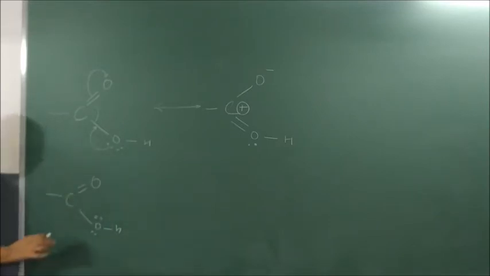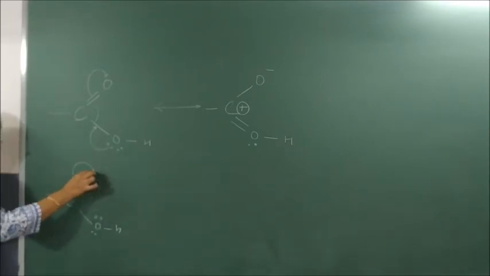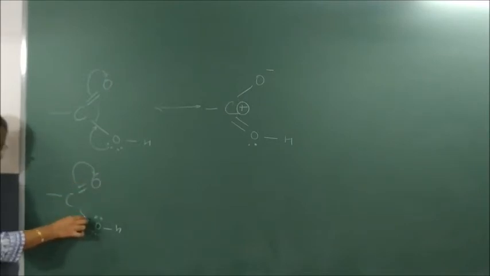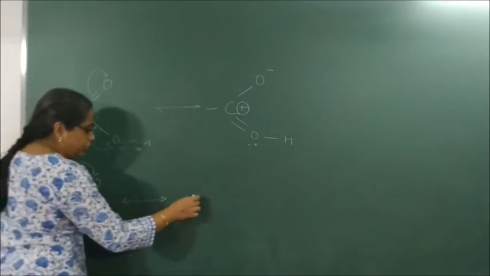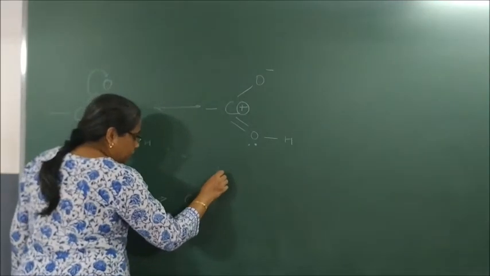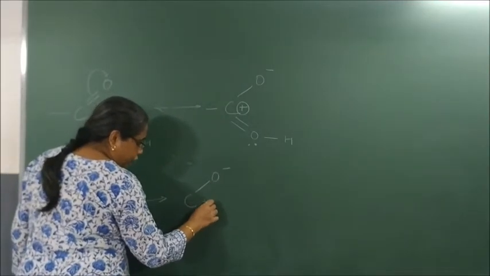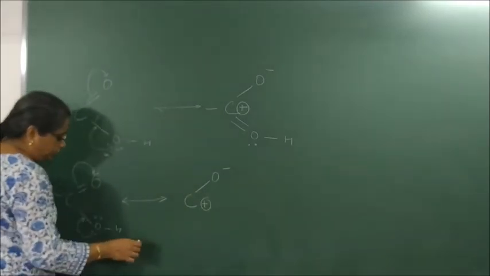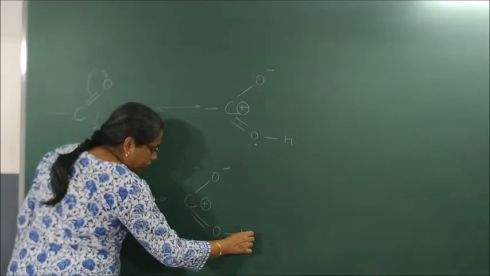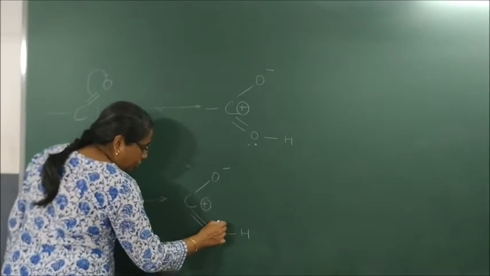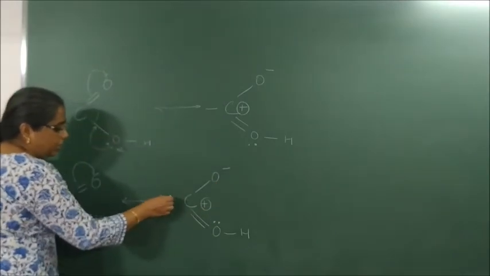Now what we do? We shift this bond here and we bring our double bond electrons here. So what we get as the next resonating structure? C, single bond O negative. As the electrons have moved away from here, you get a positive charge. You have a double bond O and a single bond H. This double bond O now has only one lone pair electron.